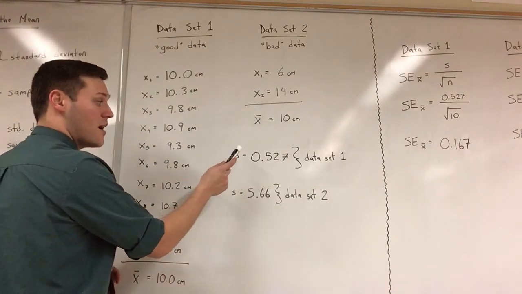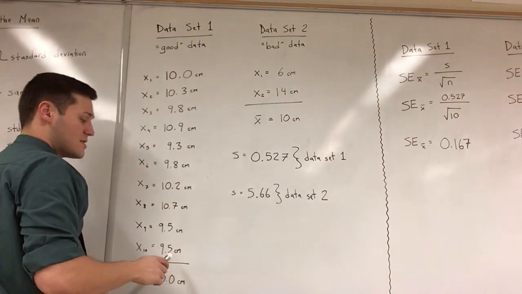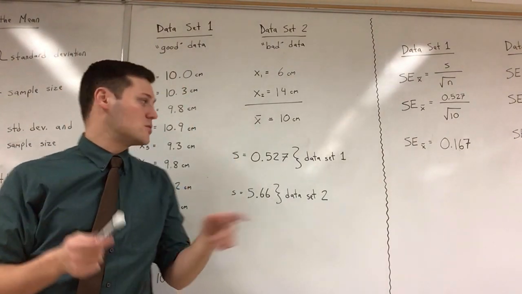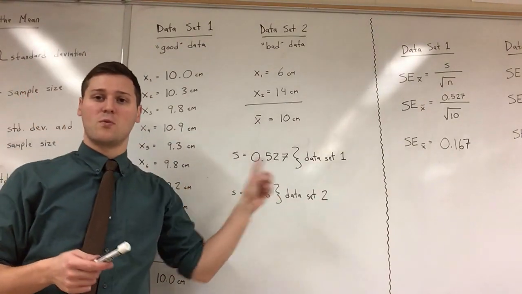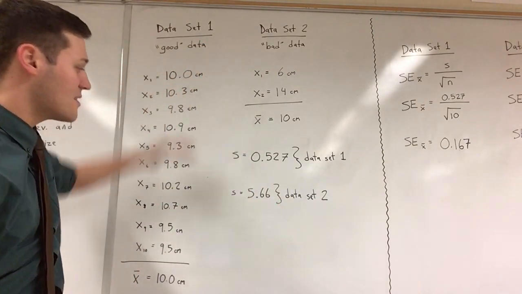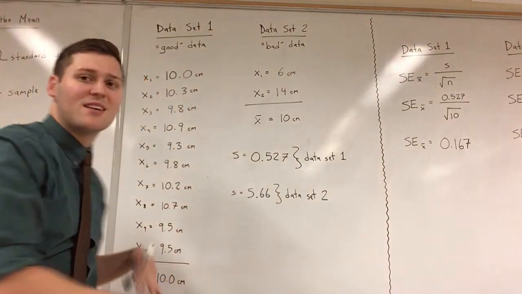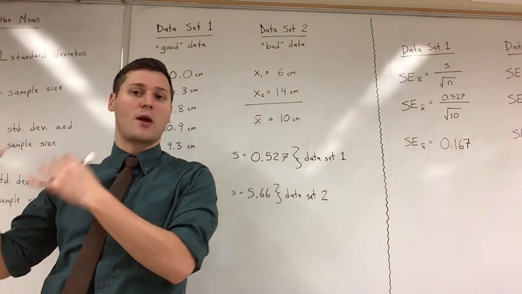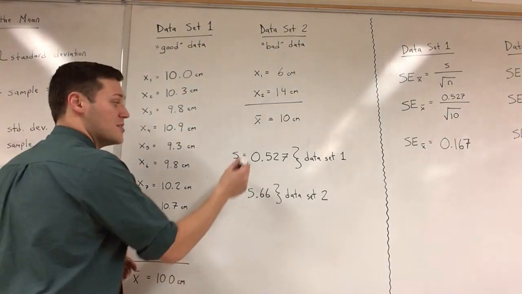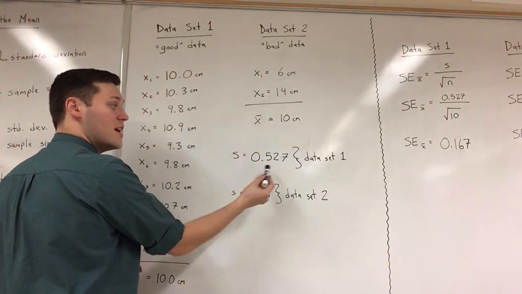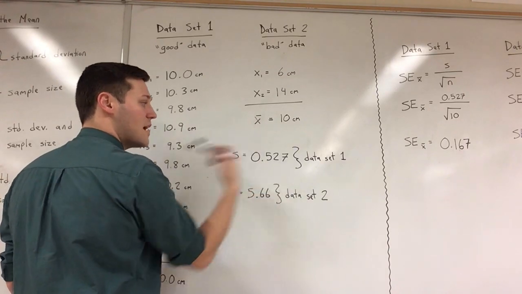So if you looked at them on a graph, they would both read 10 centimeters. But the standard deviation of this, if you were to calculate it, now I used Excel to calculate this. I wouldn't recommend actually calculating this out by hand. When we're dealing with a lot of data, sometimes it's better just to use a program like Excel. But the standard deviation here is 0.527.